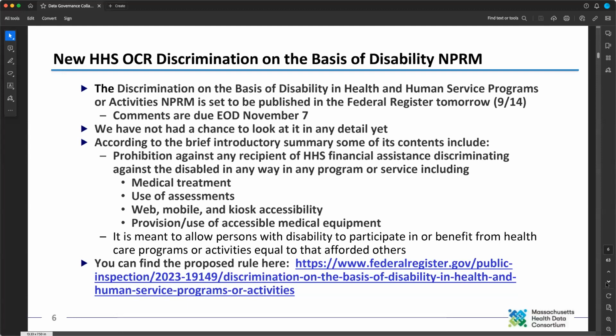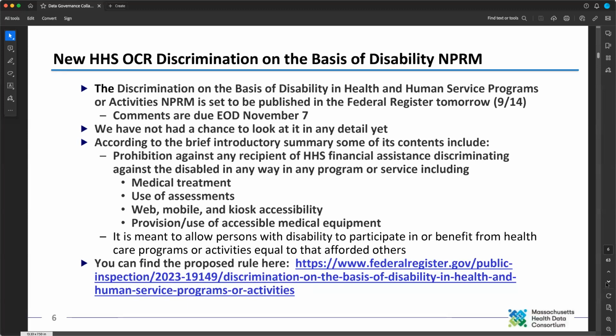We have not had a chance to look at it in any detail, but according to the introduction section, it covers anyone who receives any type of HHS financial assistance. I guess that's the purview they decided they were allowed to cover.